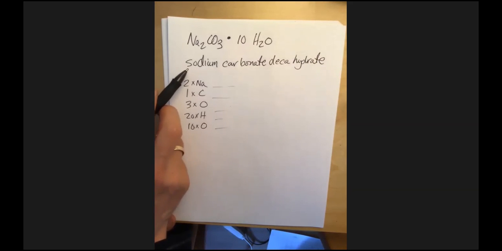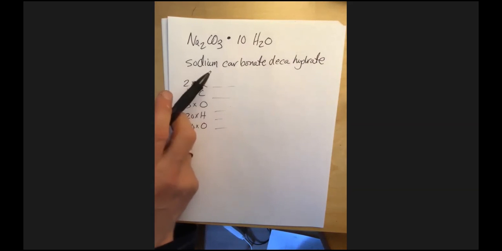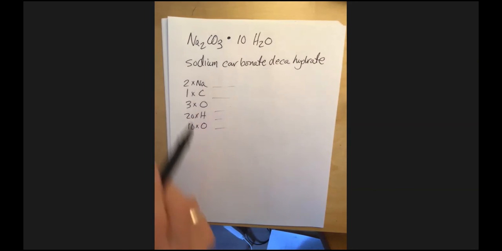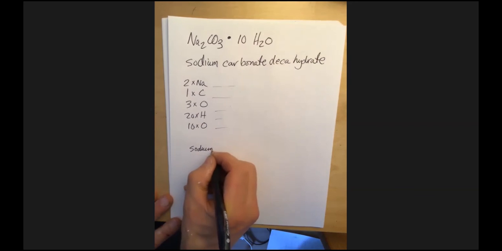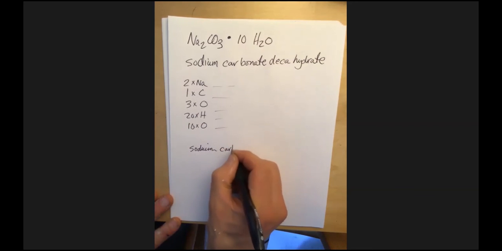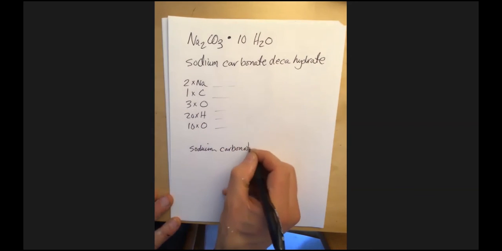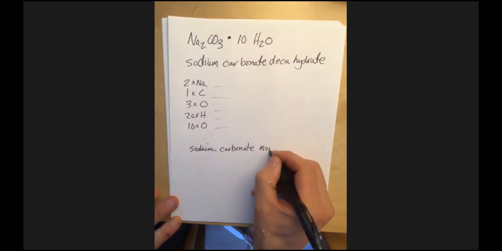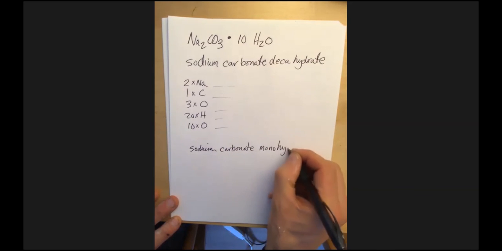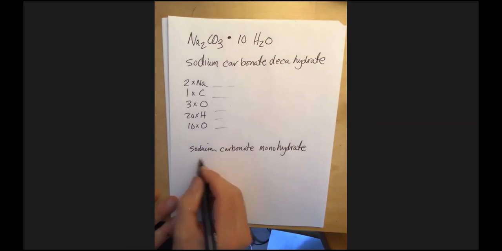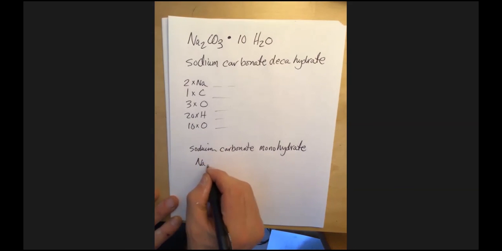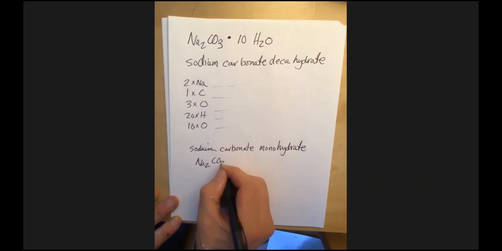Sodium carbonate doesn't just form the decahydrate, it also forms a monohydrate. So it forms a compound, sodium carbonate monohydrate, Na2CO3.